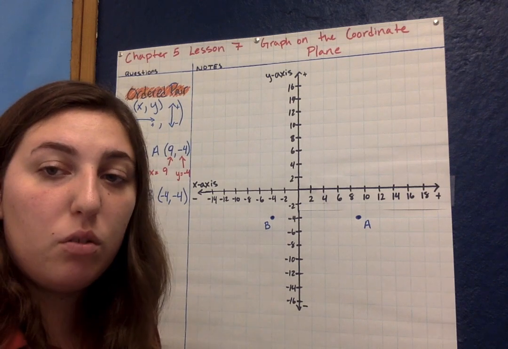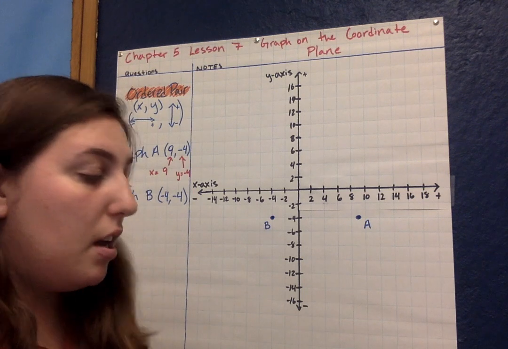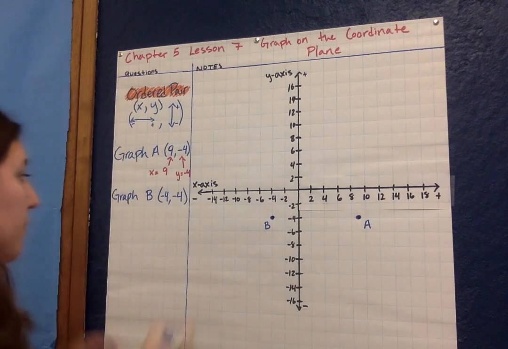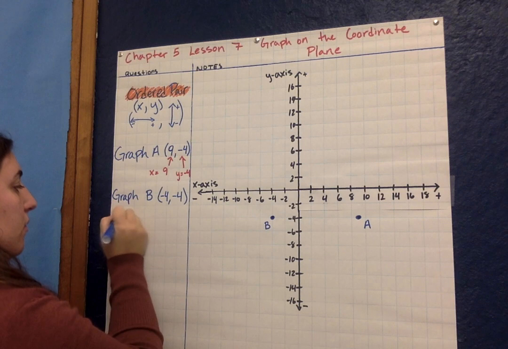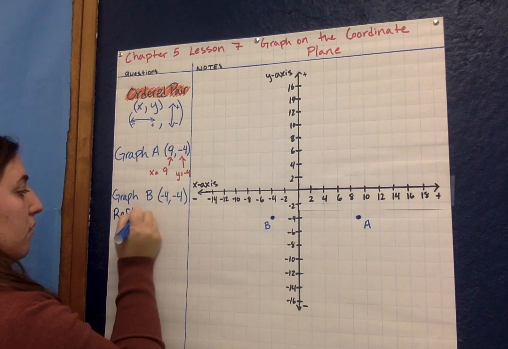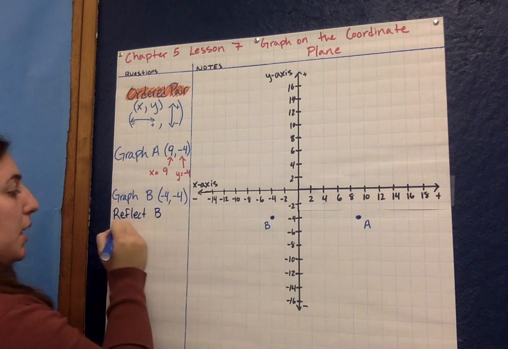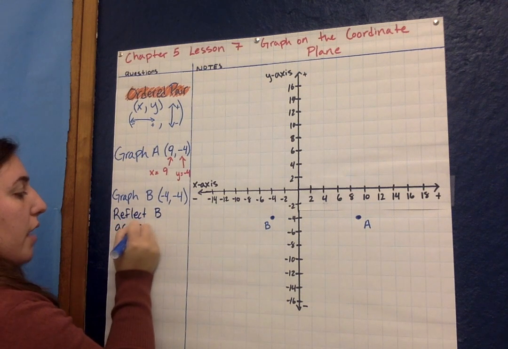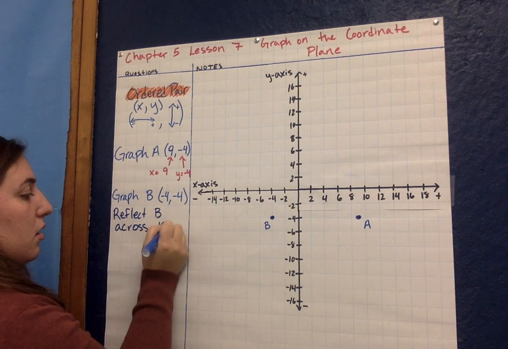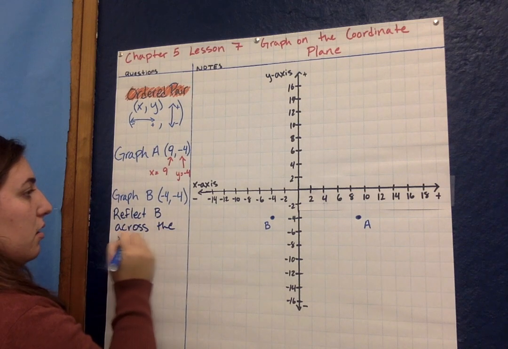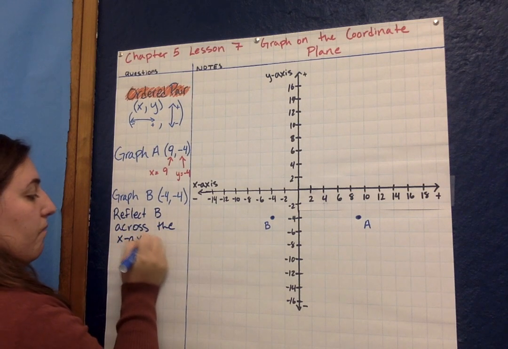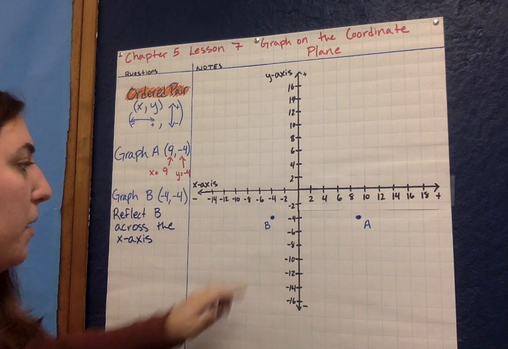So let us reflect point B. So reflect B across the x-axis. Okay, so point B is right here.